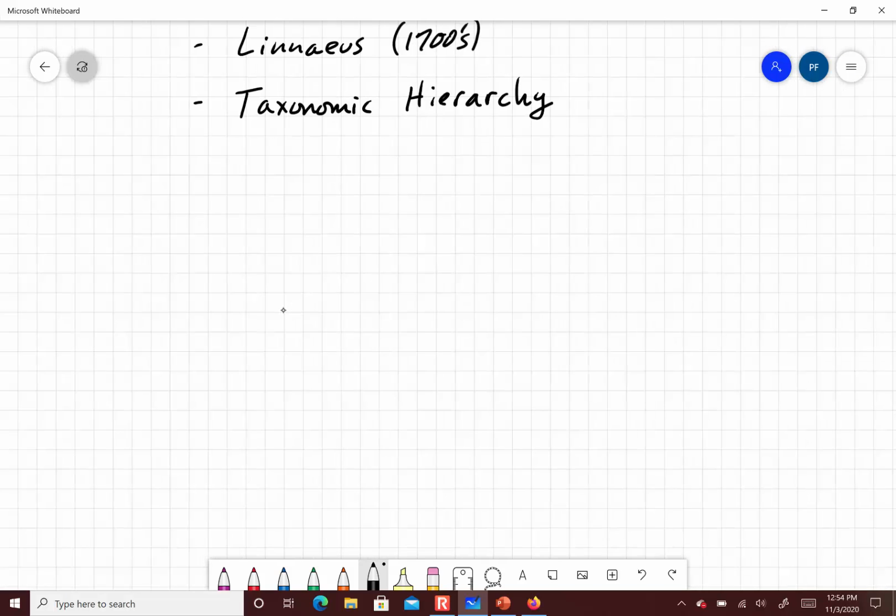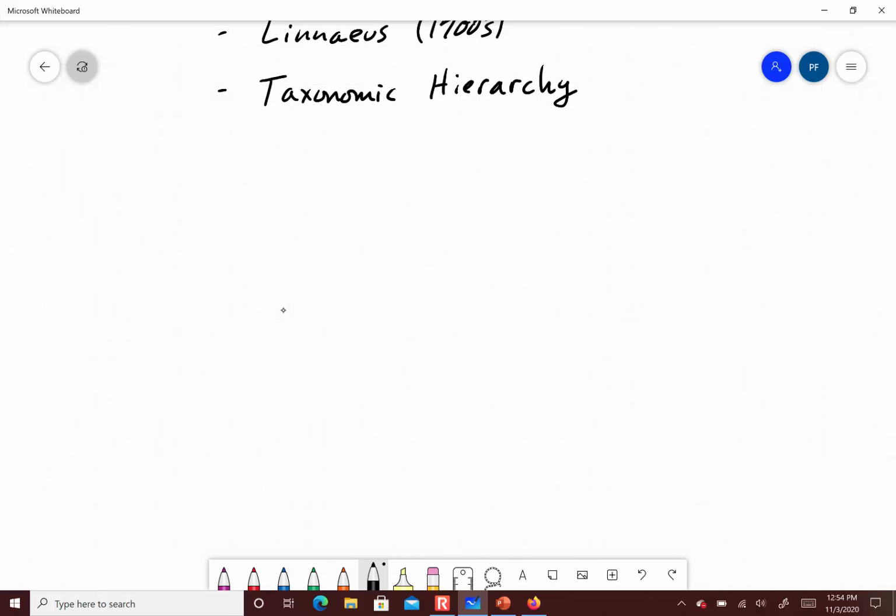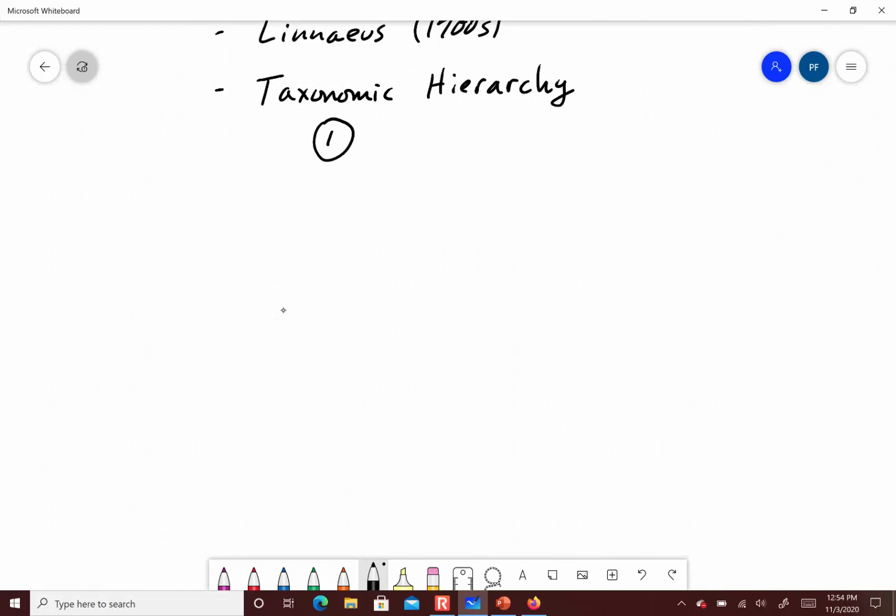All right, so our taxonomic hierarchy is going to have 8 categories. We're going to start with the broadest category, the most inclusive, right? So the domain. We talked about domains in the last video. There are 3 domains, so everything that's alive on our planet goes into one of 3 domains. So these are big, right? These have lots of things.